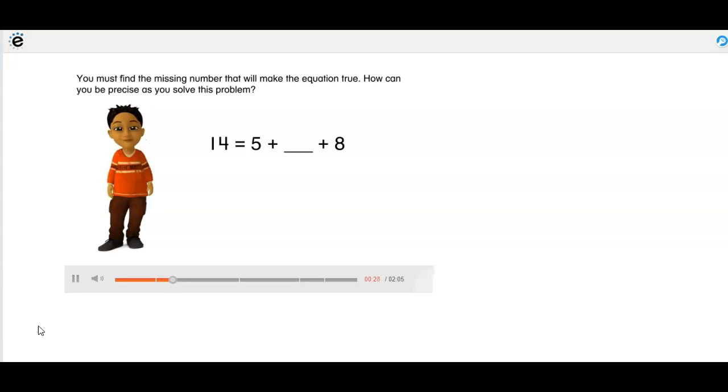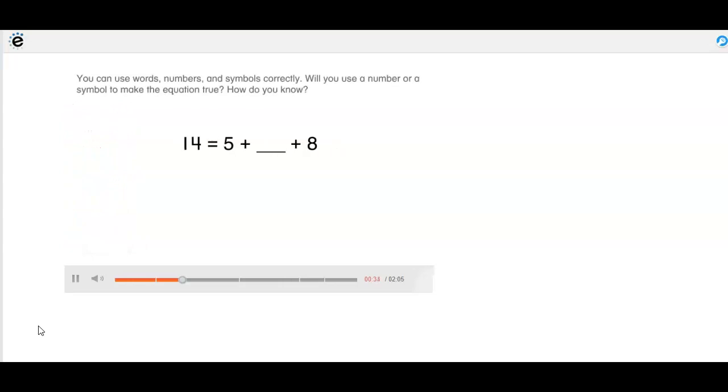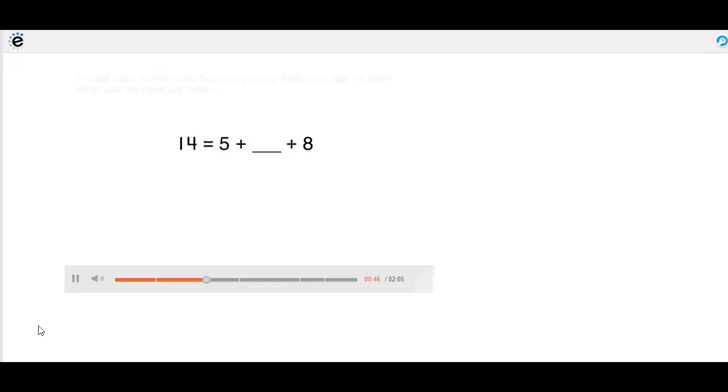How can you be precise as you solve this problem? You can use words, numbers, and symbols correctly. Will you use a number or a symbol to make the equation true? How do you know? You will use a number since there is a plus sign before and after the blank.